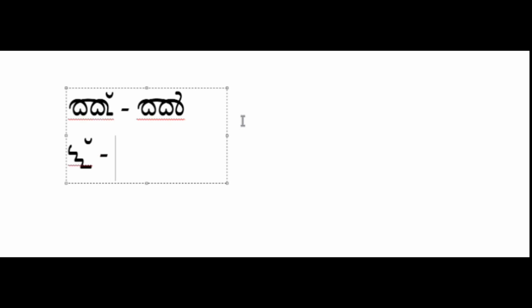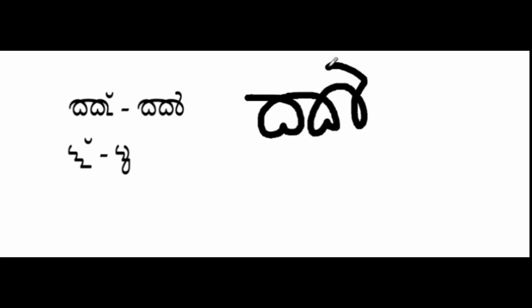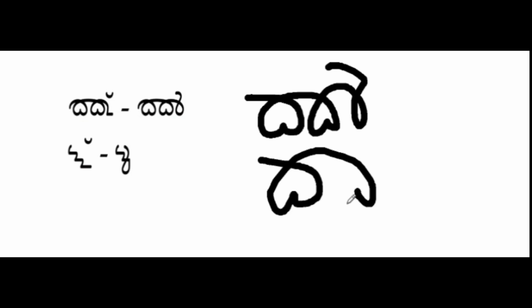It will become like this. So how to write Nick? Those times we use this, like this. Again, I will show how it comes, like this, like this, like this.